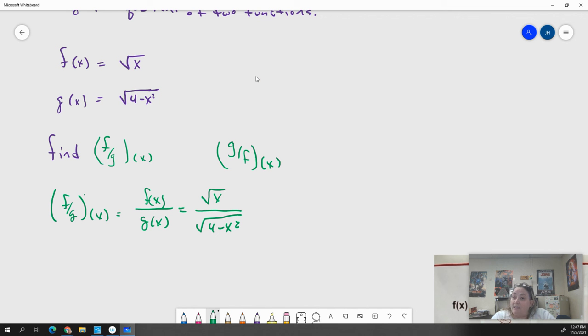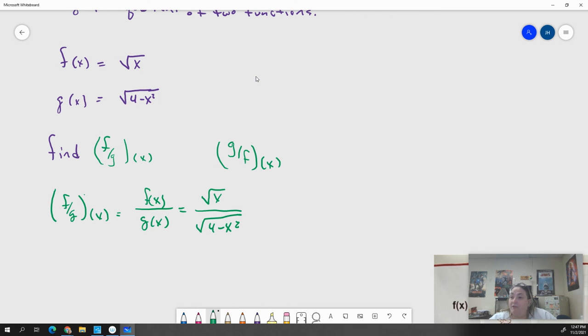The only thing is we need to know the domains of these functions. Like, what can x be? Now, these are square roots, so whatever is under them has to be 0 or greater. And we know that our denominator can't be 0.